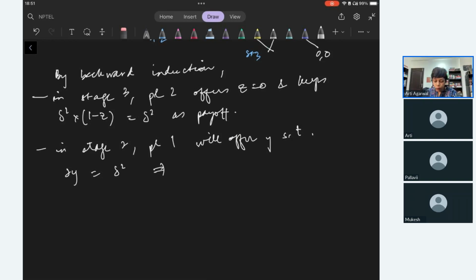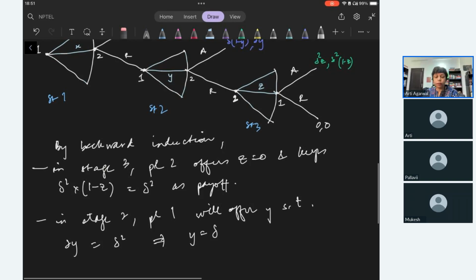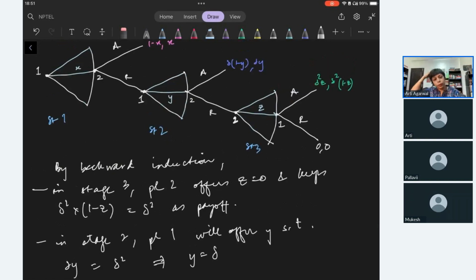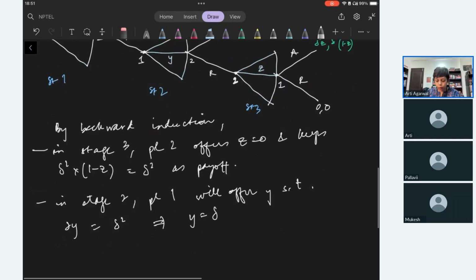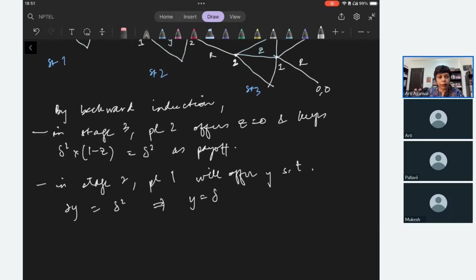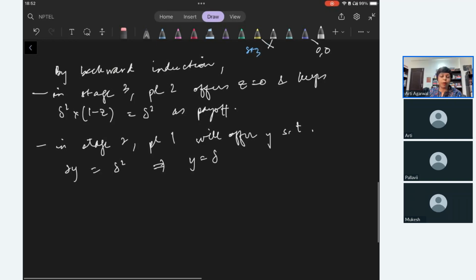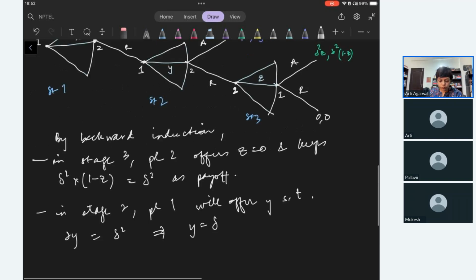He's going to offer something so that player 2 is indifferent between accepting and rejecting, because player 2 knows that if he rejects, in the next stage he's going to get delta square, right? So Y becomes equal to delta. Now player 1 does even more forward thinking, and player 1 knows that in the second stage, player 2 is going to accept Y equal to delta.